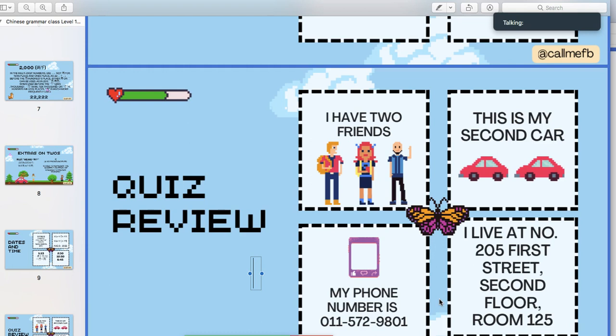Street. 街? Alright, remember we have... or would it be First Street? 第一街? Yes, very good. Okay, good. Let's start here. 205. 我住在 205. How do we go?